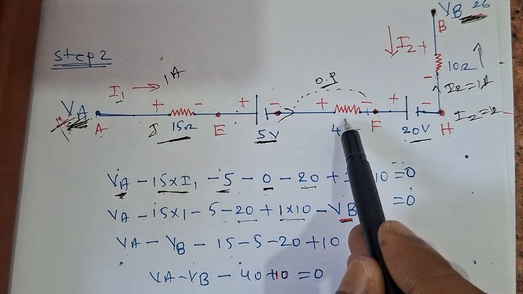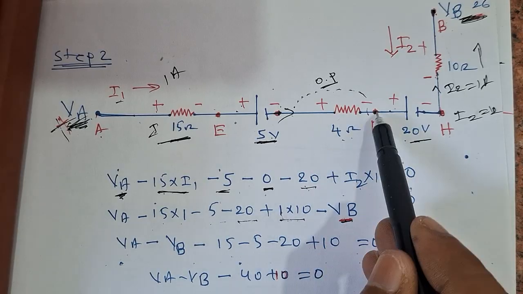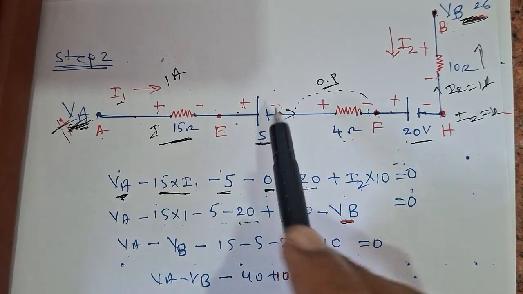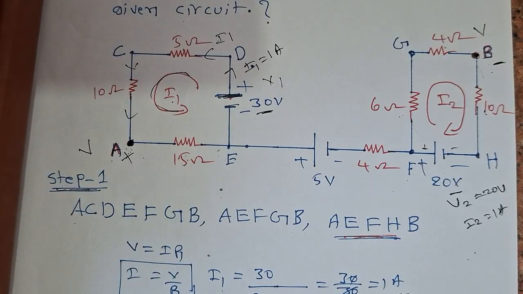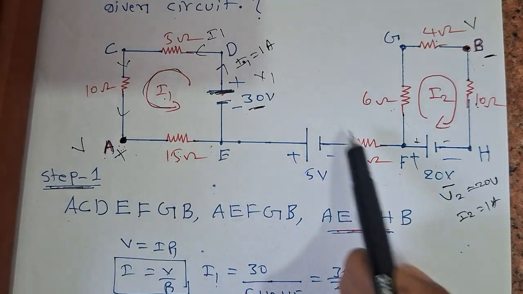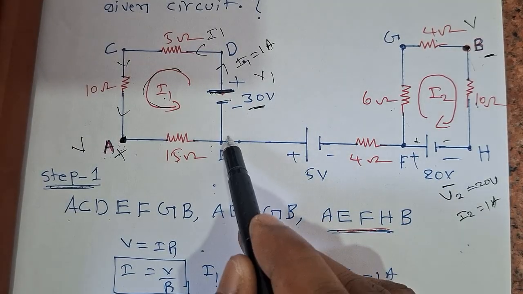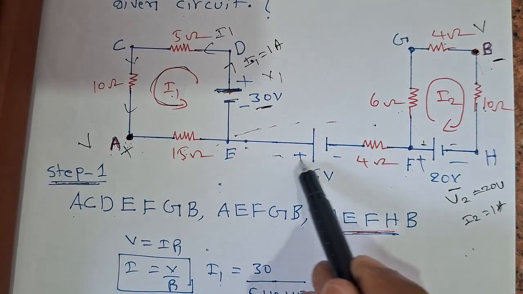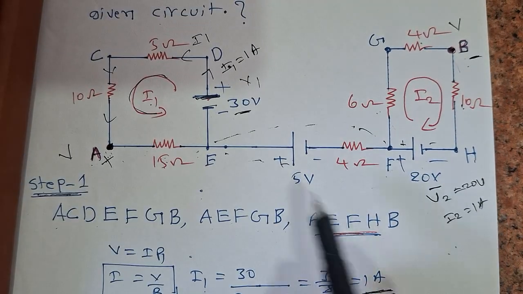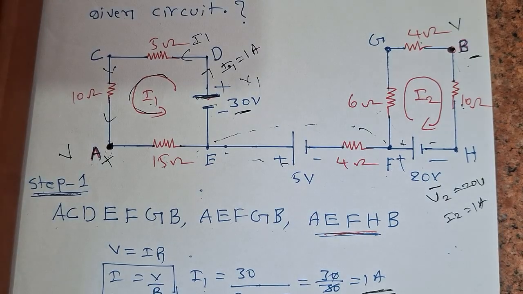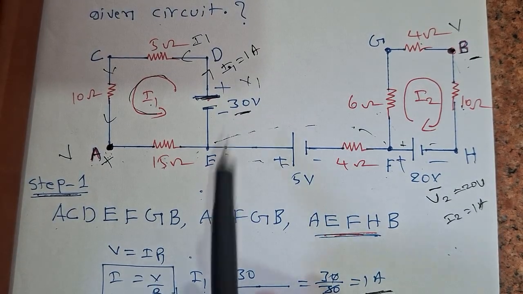Here across this 4 ohms no current is flowing, because this is one circuit and this is another circuit from the previous circuit. As I told you, this will become open and there is no current. So this is one closed path, and we have to apply Kirchhoff voltage law only on a closed path.